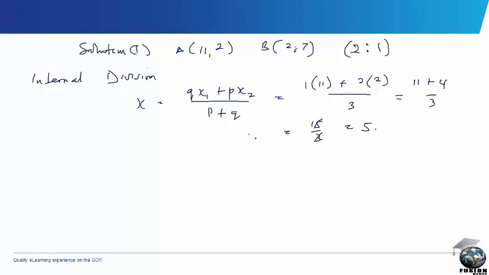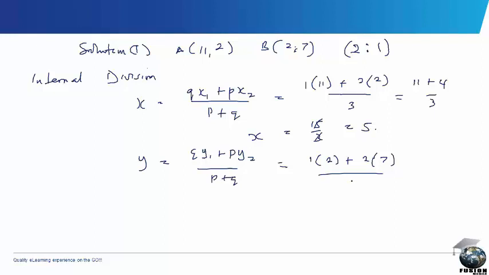So x is equal to 5, and then the internal division of y is given as (q y1 + p y2) all over (p + q), which is equal to 1 times y1, which is 2, plus 2 times y2, which is 7, over 3.